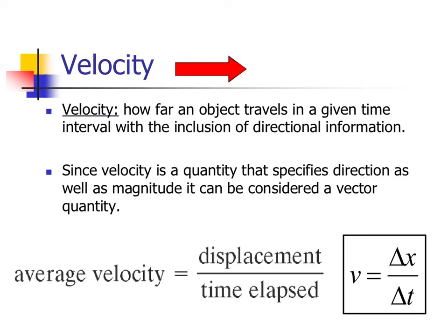The x that we have here could be change in the y just as well. And you would have the same thing. It's just that it would be the velocity changing in the y direction.